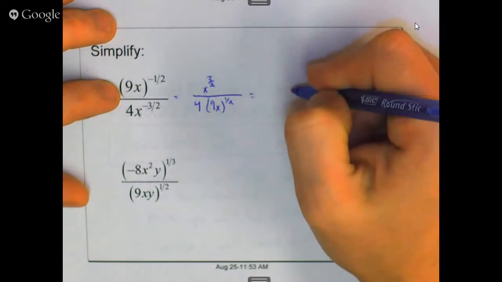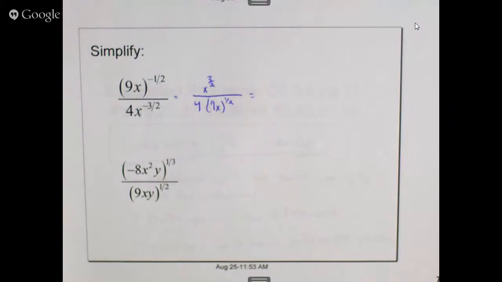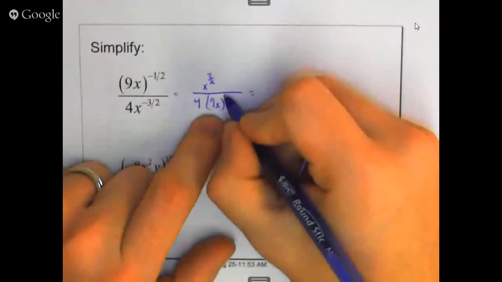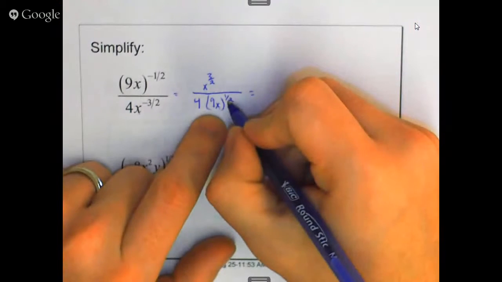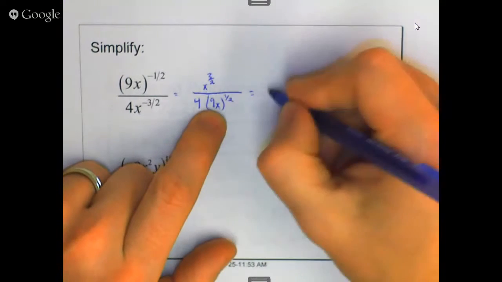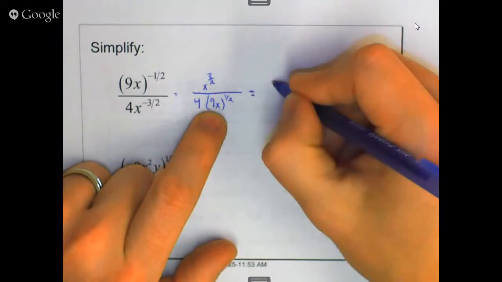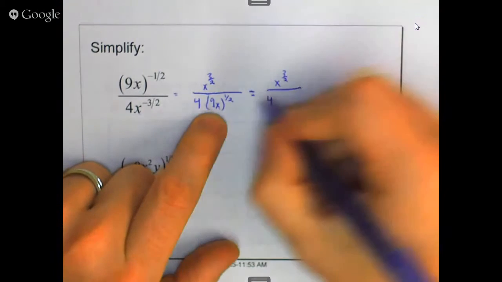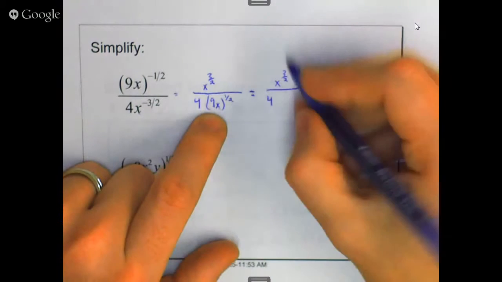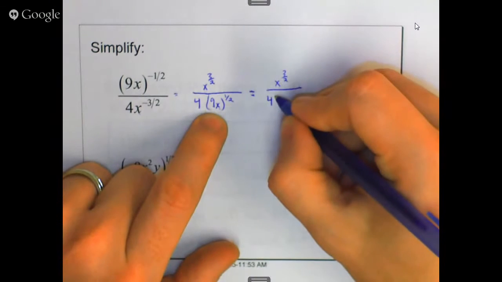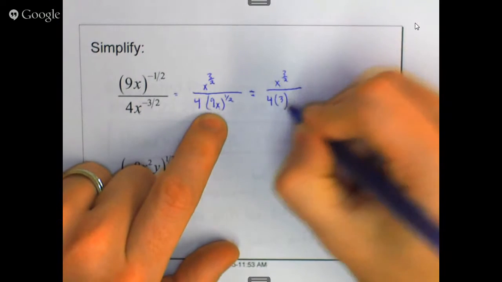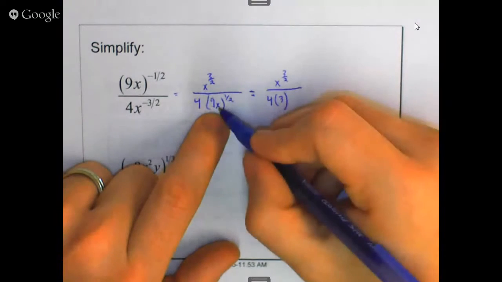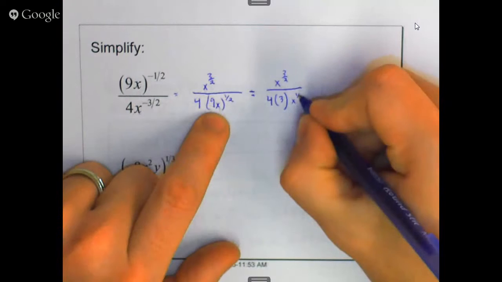All right. Well, here I have 9x, and it's being repeated half number of times. We have x to the 3 over 2. We have 4. Well, if 9 is repeated half number of times, that'll be 3. It's a square root. And then x will be x to the half.